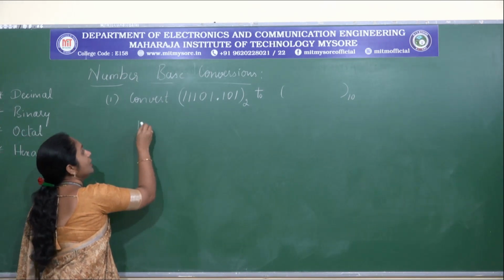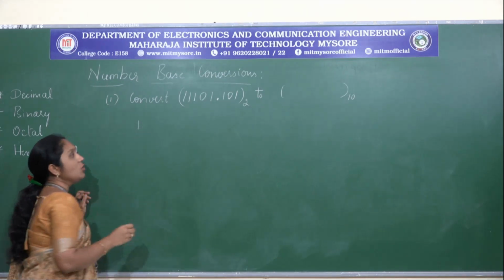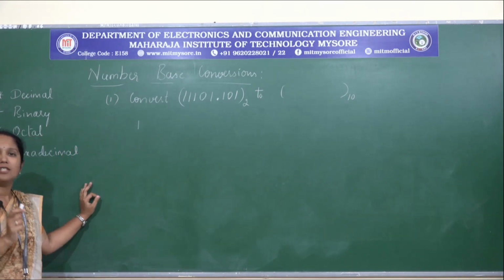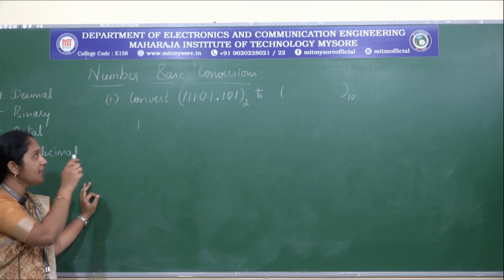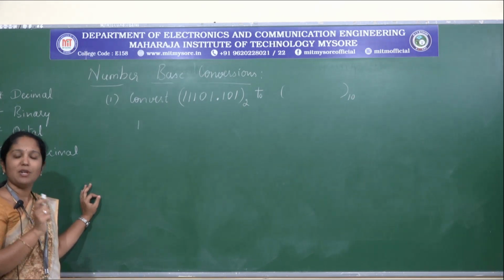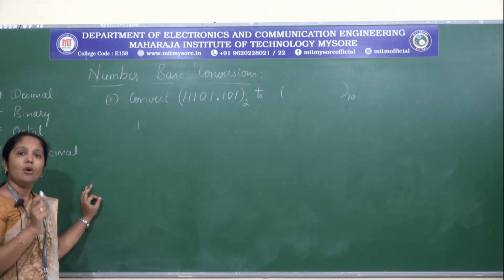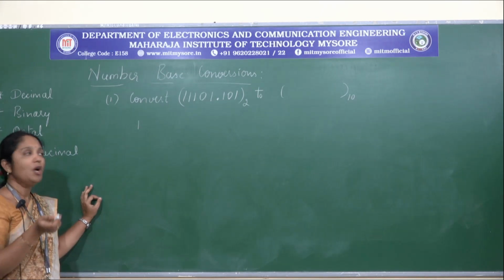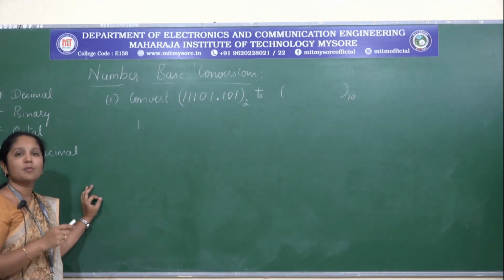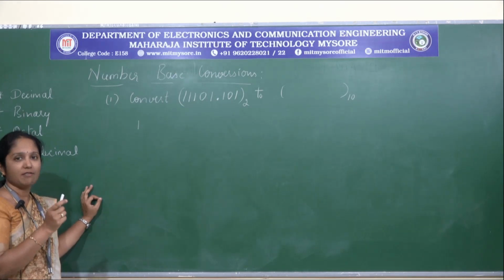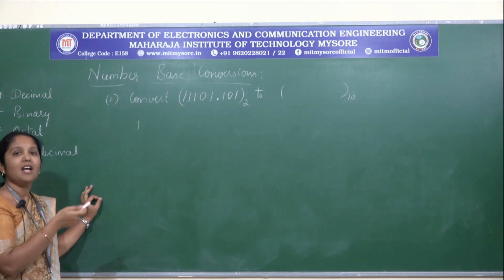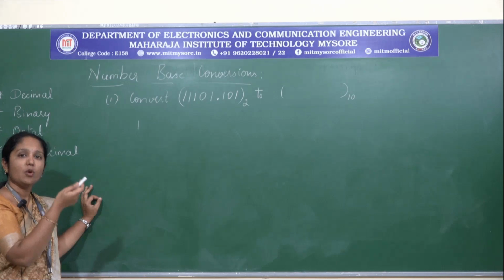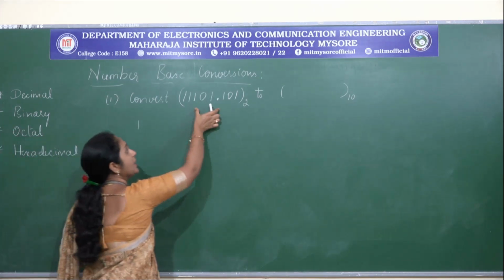In order to convert any given number into a decimal number, we just need to express that number in expanded form. In the previous class we saw how to express any compact number in expanded form. If you express it in expanded form and find the equivalent, you will get the decimal equivalent of the binary number.